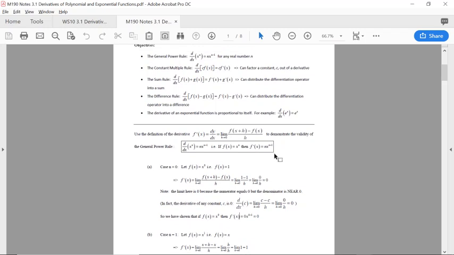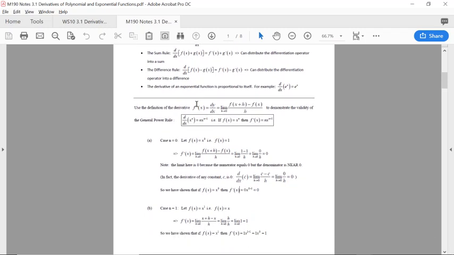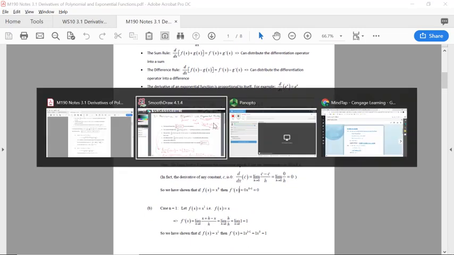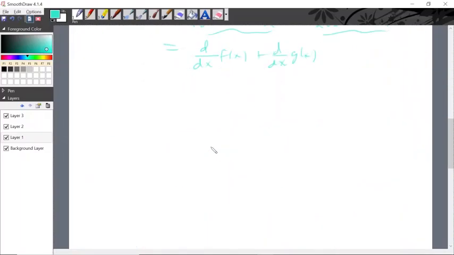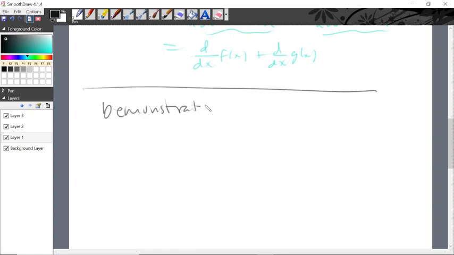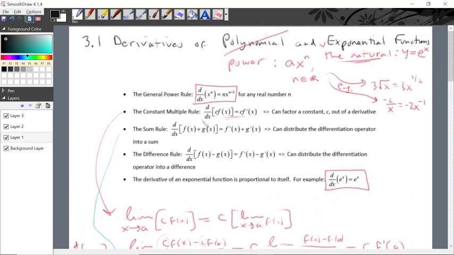I want to demonstrate that here by the virtue of first a few examples, by applying the limit definition of the derivative in a few examples. This won't be a straight up proof. In fact, for the general power rule, there's one proof that you can see in the notes, and it's quite heavy on the algebra, and we'll take a look at it in a moment.